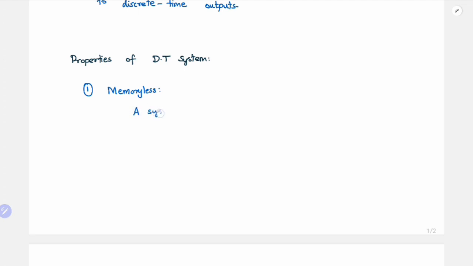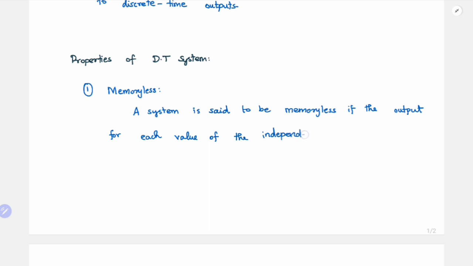So a system is said to be memoryless if the output for each value of the independent variable is dependent only on the input at the same time.